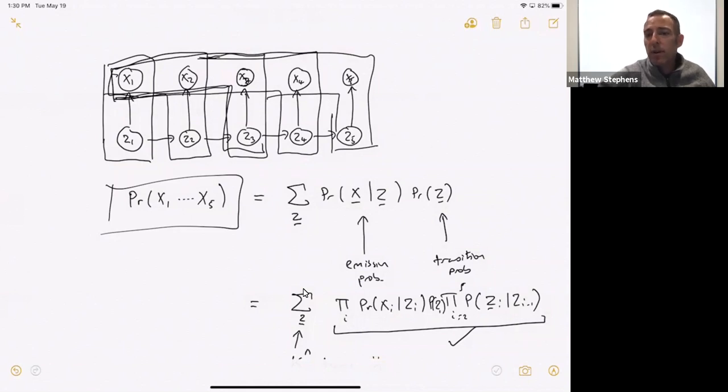The computational complexity is linear in n, and it's quadratic in k in general. Why is it quadratic in k? It's because for every step you have to compute all possible changes from one z to the other. There are k possible values for zi and k possible values for zi plus 1, and you have to do a sum over all those. So it becomes quadratic in k.